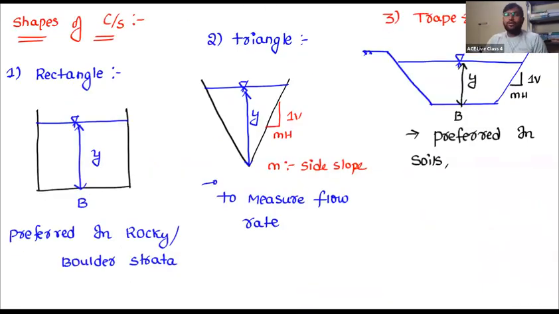So for soil masses, we go for the trapezoidal channel, and the side slope depends upon the denseness of the soil.